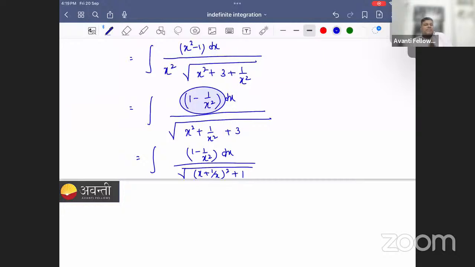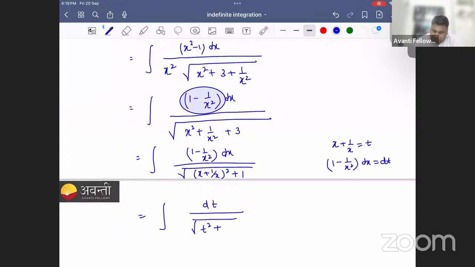That 3, I extracted 2 and made it (x plus 1 by x) whole square. Now let us assume this x plus 1 by x is t. So (1 minus 1 by x square) dx is dt. So it became integration dt upon, inside the root, t square plus 1.